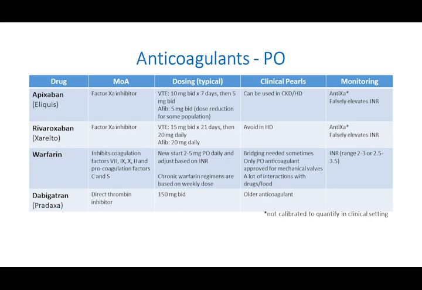For apixaban, again, it is an anti-factor 10A. The dosing for VTE and AFib are similar, but one thing that I have to point out is that for specifically VTE, so DVT and PE indication, there is a loading period where the patient would have to take 10 milligrams twice a day for 7 days, and then we drop down to the usual 5 milligrams twice a day.